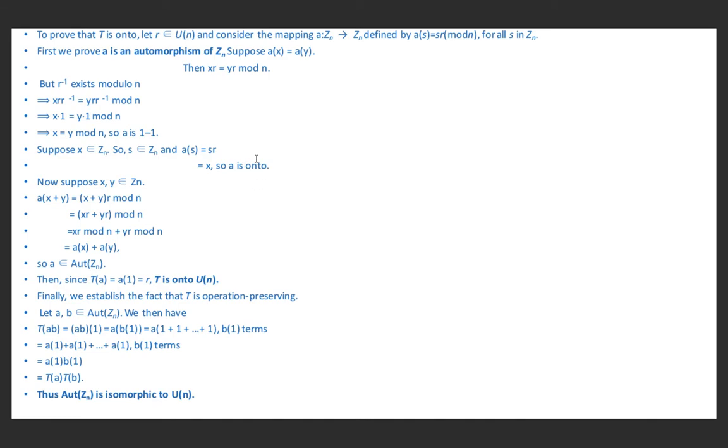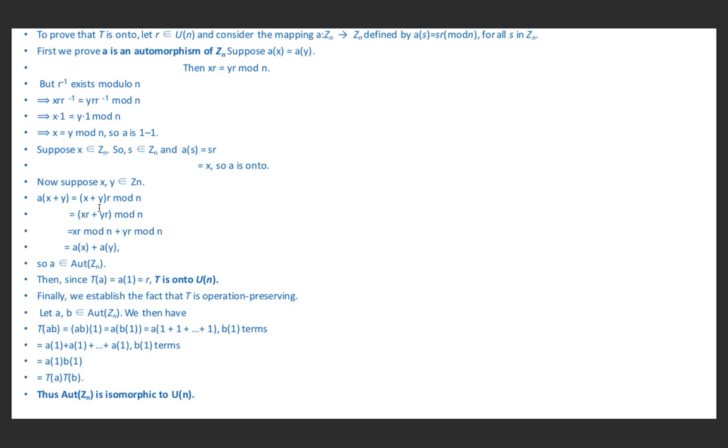Now we will show that A also preserves the group operation. So let x, y belong to Zn. It means A(x plus y) is equal to (x plus y)r mod n. This is by definition. Here in Zn the operation is addition modulo n, and in Un the operation is multiplication modulo n.